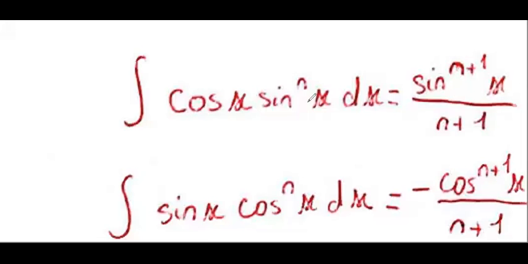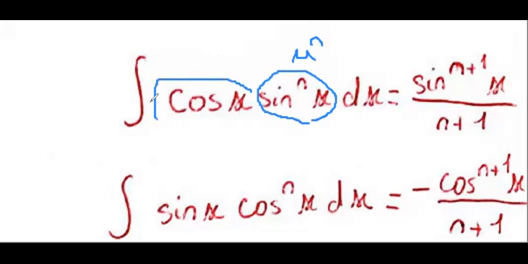Because if we say that sine to the power n is u to the power n, the derivative of u, which is the derivative of sine, would be cosine. So now I have the form integral of u prime multiplied by u to the power n dx, which is u to the n plus 1 over n plus 1.